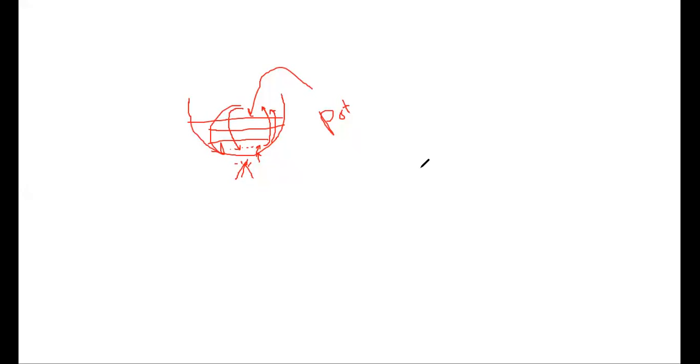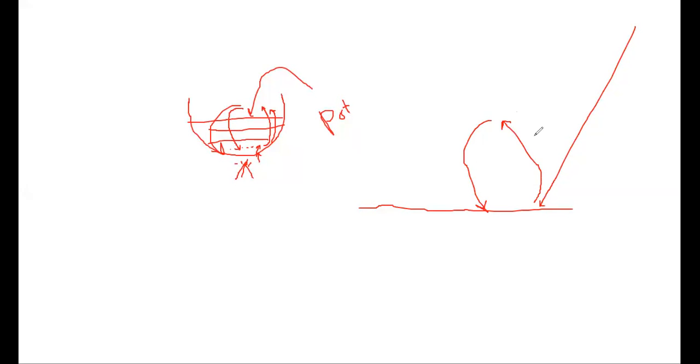The same thing happens with air. Look, for example, this is Earth's surface. When sunlight heats the surface, the air very close to the surface heats up, becomes less dense, and goes up. Colder air sinks, and so on. These are called convection currents.